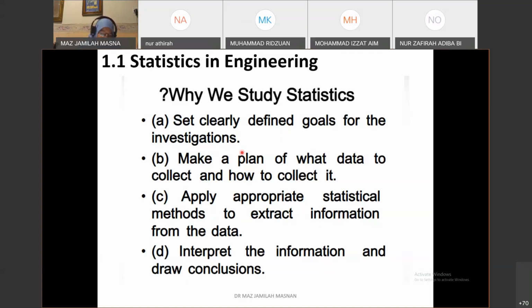Second, make a plan of what data to collect and how to collect it. Apart from what data to collect, you should know how to collect the data. For example, previous students, as I mentioned earlier, had to do a survey. They had to create a Google form, distribute it among their friends, and collect data from their friends using the Google form.